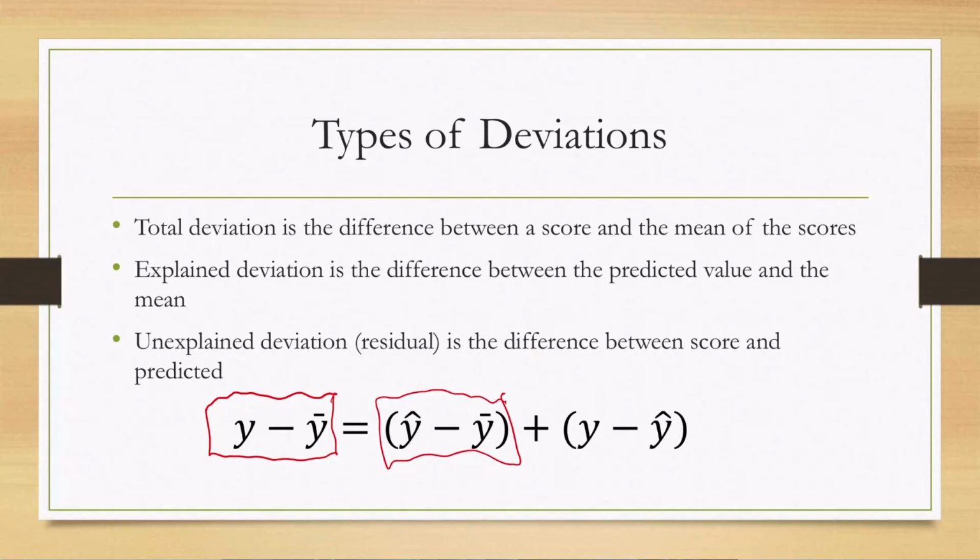That is the portion that we can explain of that total deviation from the mean. And then there's a part we can't explain, and that is the difference between what we observe and what we predict. That should make sense: if you're taking what you observe and what you predict and there's a difference there, that's the unexplained part.